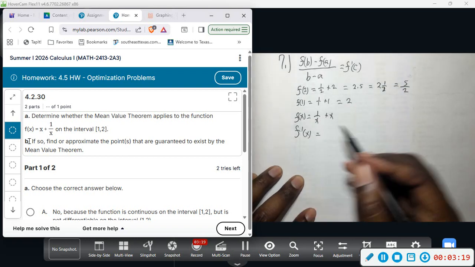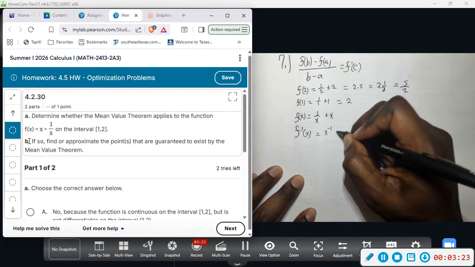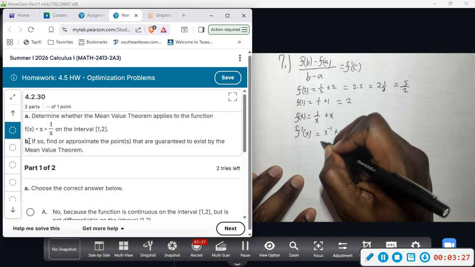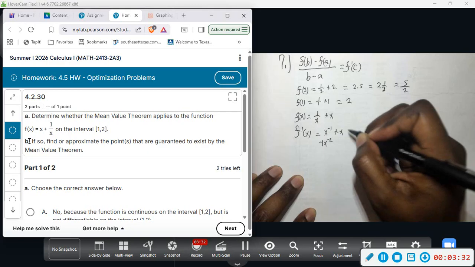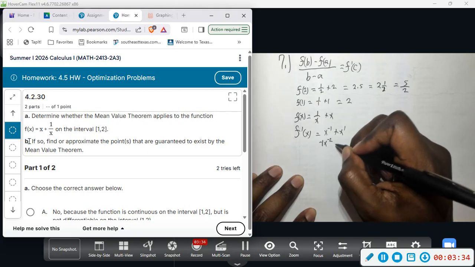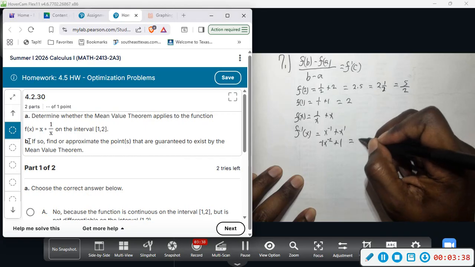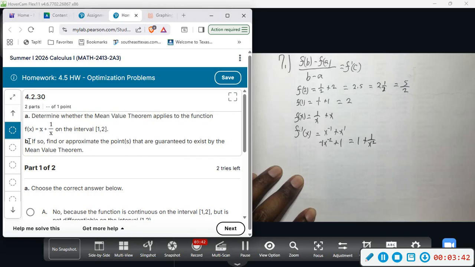I wrote it backwards, but it should work out the same. I'm going to think about this as x to the negative first power plus x. It'd be negative 1 times x to the negative 2 power, plus 1. So if we clean this up, our derivative is 1 minus 1 over x squared.